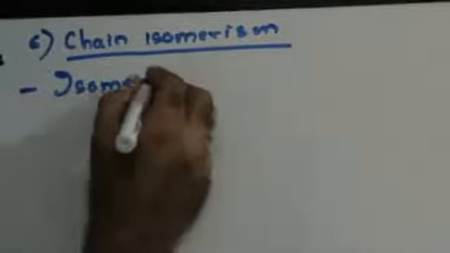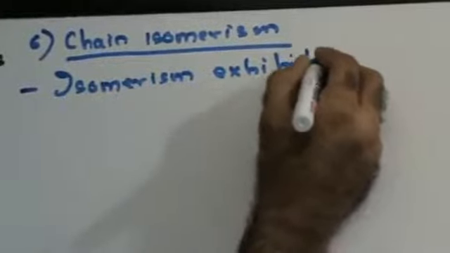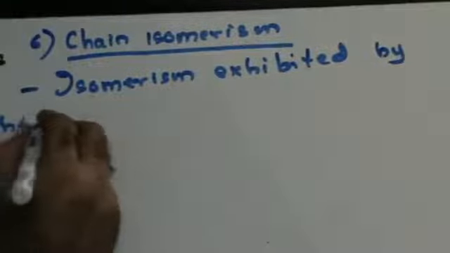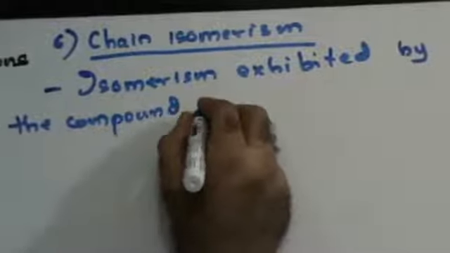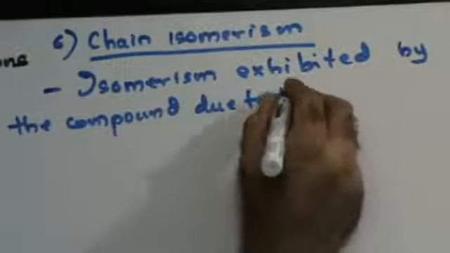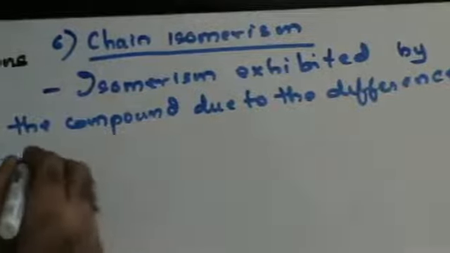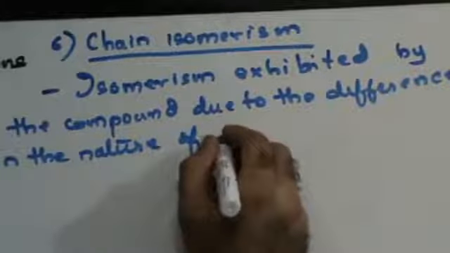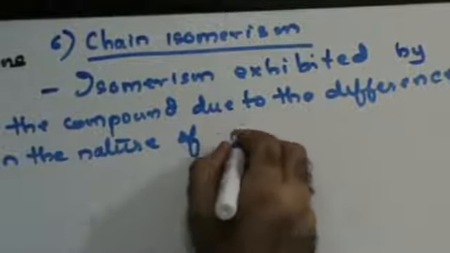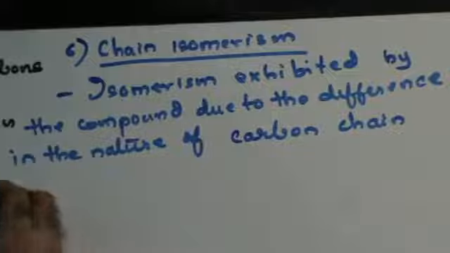Isomerism exhibited by the compound due to the difference in the nature of carbon chain is called chain isomerism.